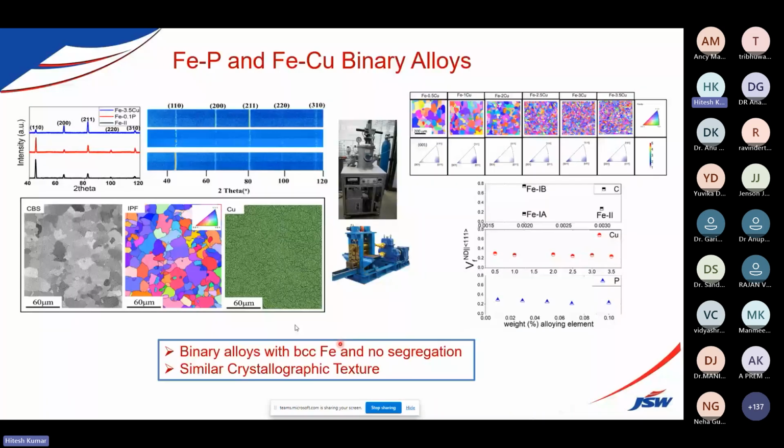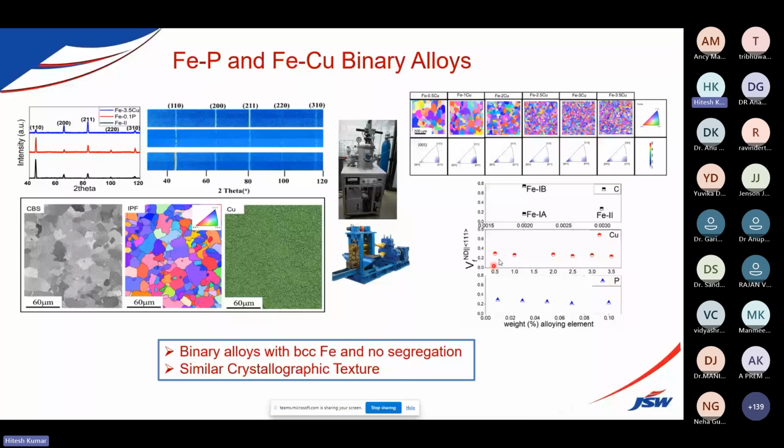In this work we were able to produce binary alloys with copper from 0.5 to 3.5 percent and phosphorus from 0.01 to 0.1 percent.